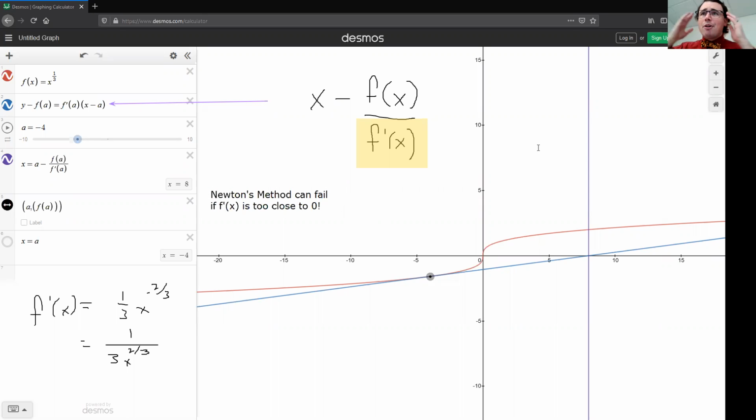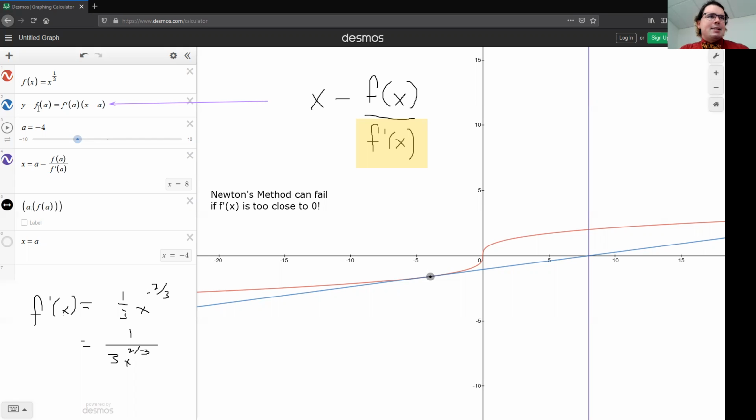So we saw that in my first example here, where I just picked a bad value of x. On my first iteration, the derivative was just equal to 0, and I had to stop. I can't divide by 0.